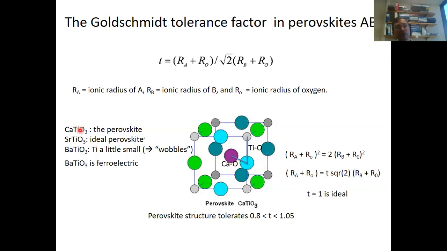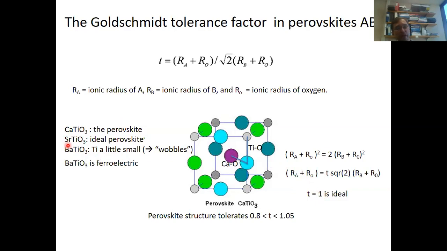Titanium does not fit perfectly into the octahedral environment, but this strontium derivative is the ideal perovskite, where the tolerance factor is equal to 1.